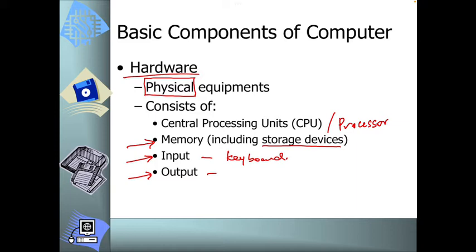We will look at this in detail, but at this moment output means, for example, the monitor, something that appears to us. So this is what we have in hardware: CPU, memory, input and output.